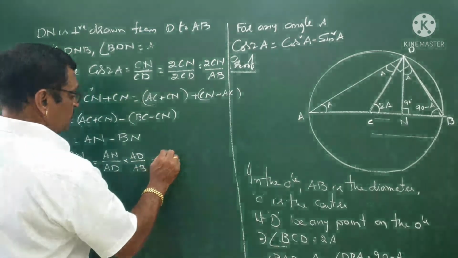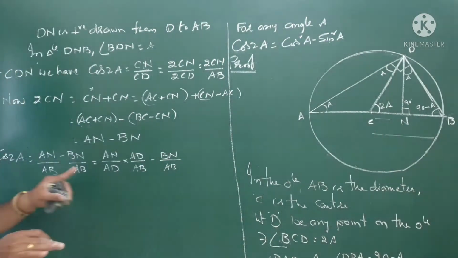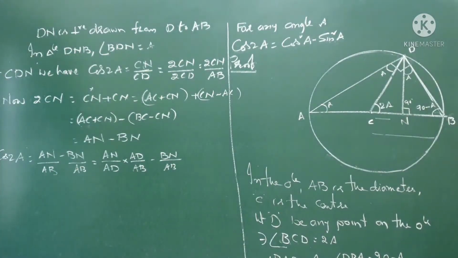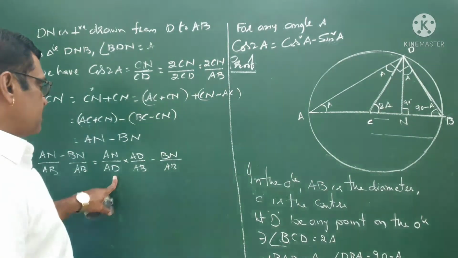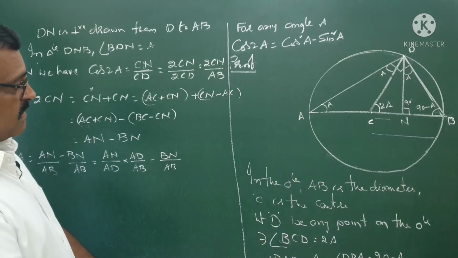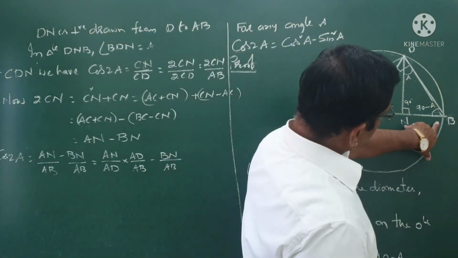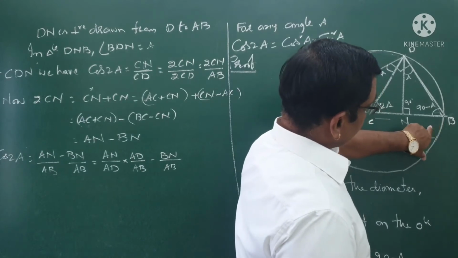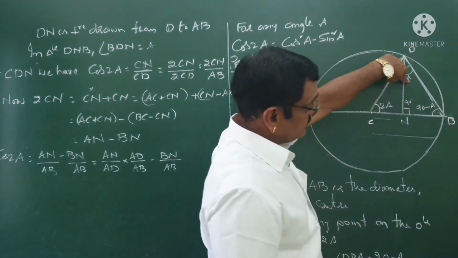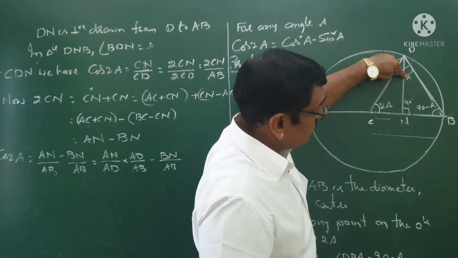Let me focus on this first one, AN by AD, AD by AB. Next come to BN. Where is BN? This is BN. My BN is opposite to angle A, this angle.